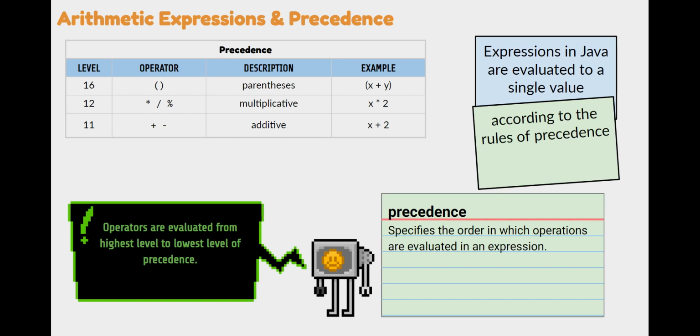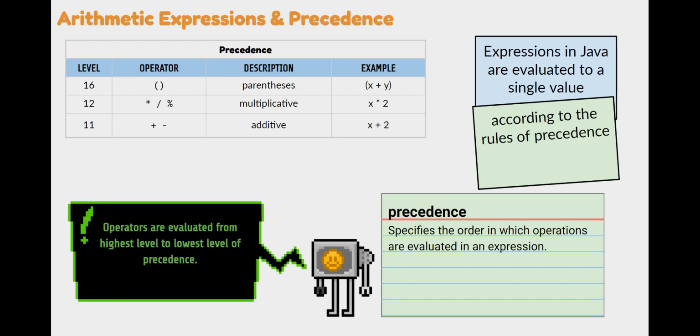So operators are evaluated from highest level to lowest level of precedence. And you can see our levels are 16, 12, and 11. You might be asking why they're not 3, 2, and 1. Well, because there are a lot of other operators in Java that fit in between these and actually below these, and we will build this precedence table as we go.